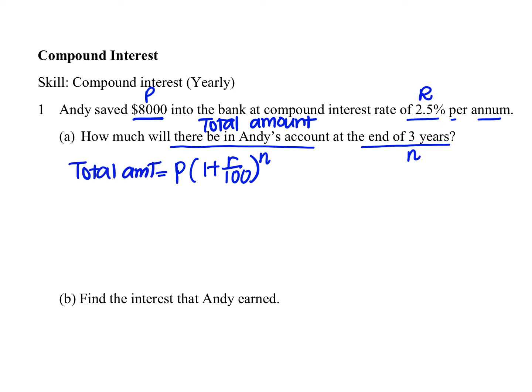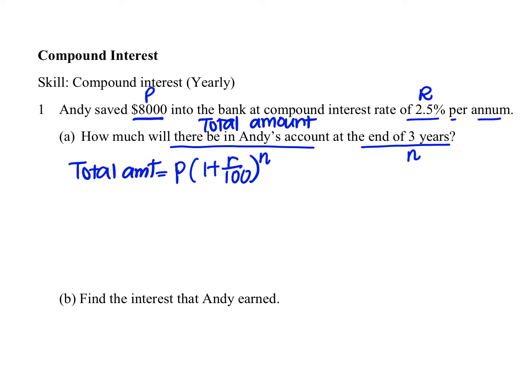So the formula should begin with total amount equals to P bracket 1 plus R over 100 to the power of N. Now, this formula is usually given in the formula sheet during the N-level examinations, but it may not be given in your common test. So please do remember the formula.